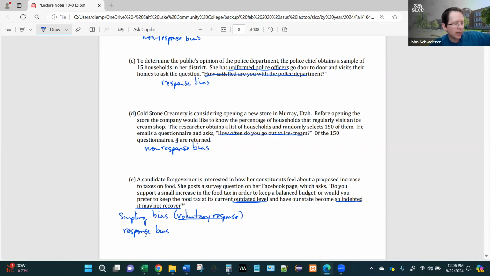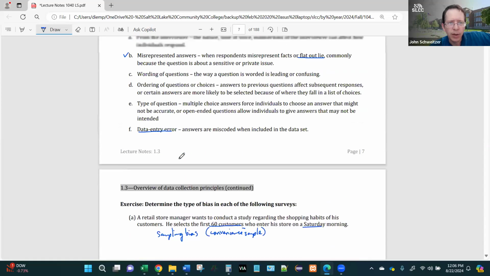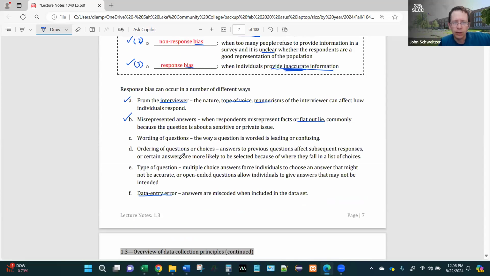So that would definitely be a sampling bias caused by the voluntary response, and probably also response bias because the wording here is leading people in a certain direction, right? So the way a question's worded can kind of steer people toward one answer or the other.